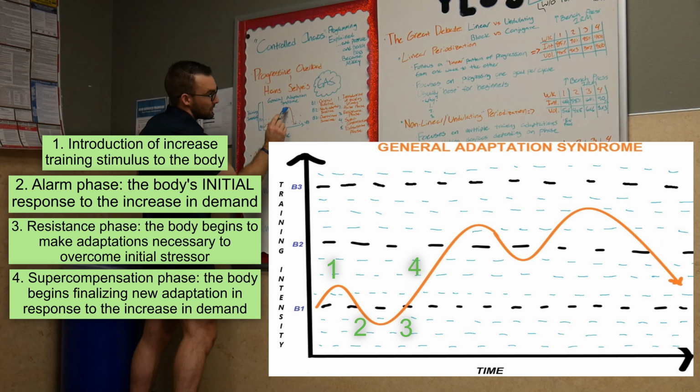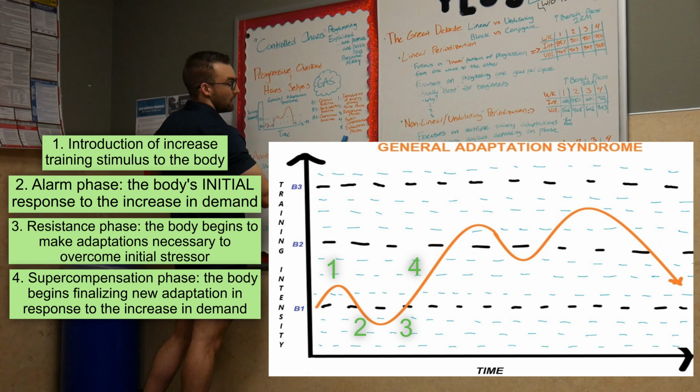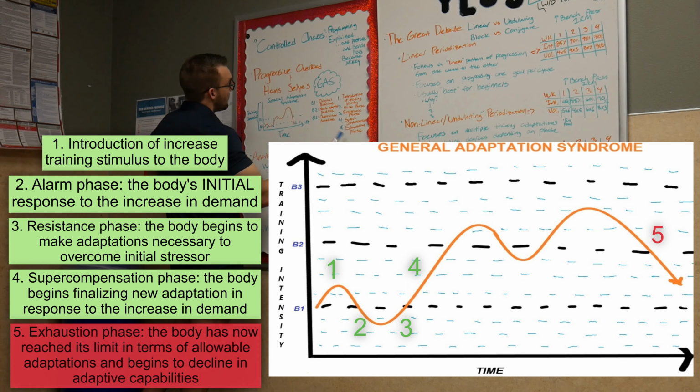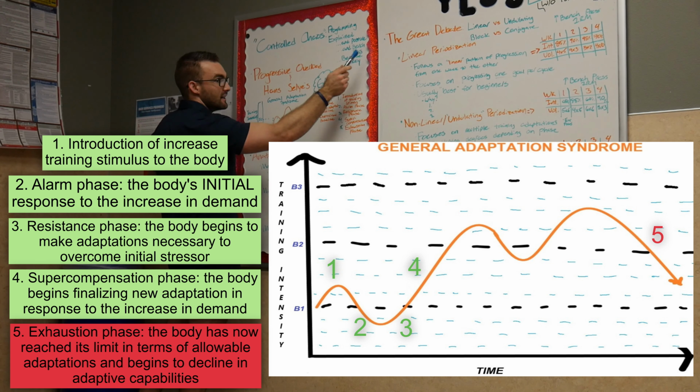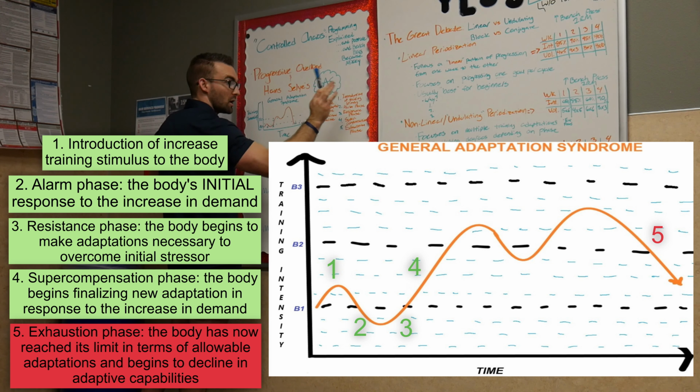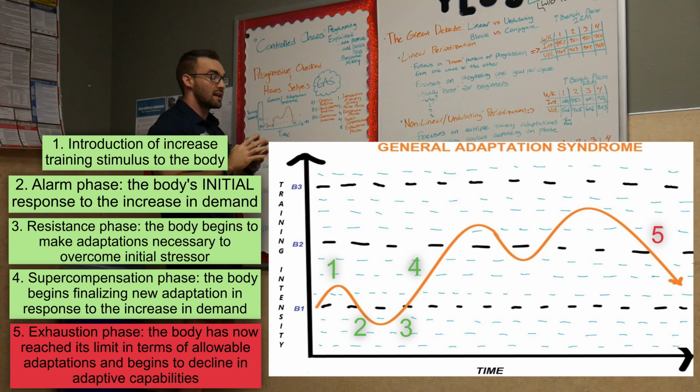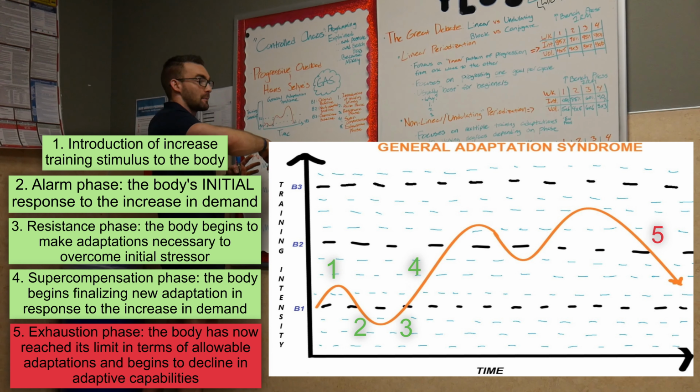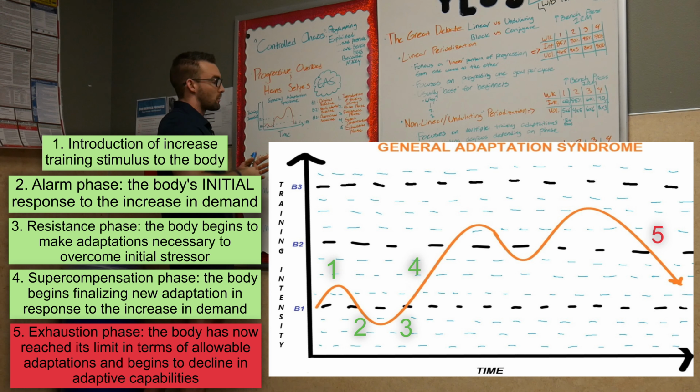But then we have a really steep decline in training intensity and your ability to perform. This happens when we reach the exhaustion phase, because this isn't something that's going to be linearly progressing or curvilinearly progressing to infinity, right? At some point, we're going to reach a point of diminishing returns, and if we don't understand what that actually is or when that's occurring, you can start to take a lot of steps backwards and really start erasing a lot of the progress that you made.